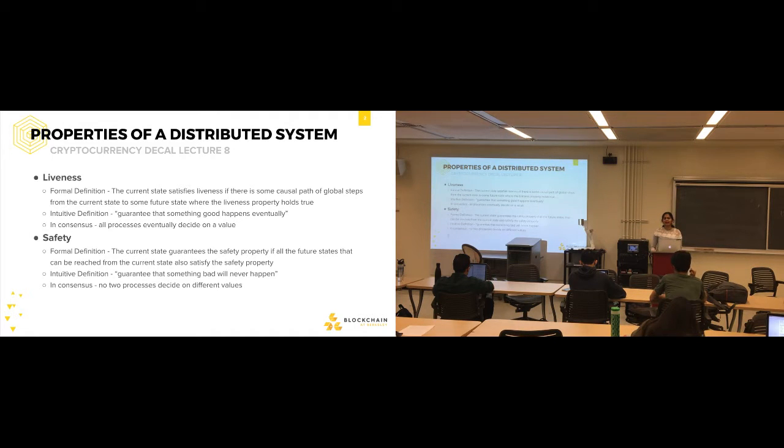For example, we desire a guarantee that an innocent person will never be jailed. Or we desire that if two countries sign a peace treaty, they will never go to war. It's something we desire that can be guaranteed. In consensus specifically, it basically means no two nodes will decide on two different values.